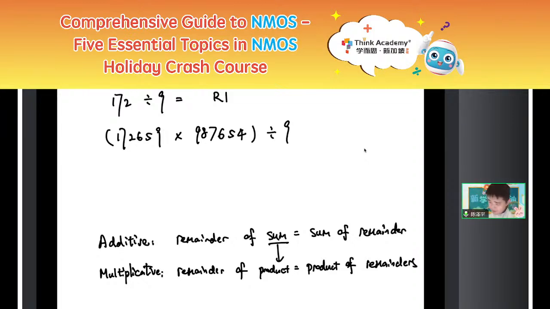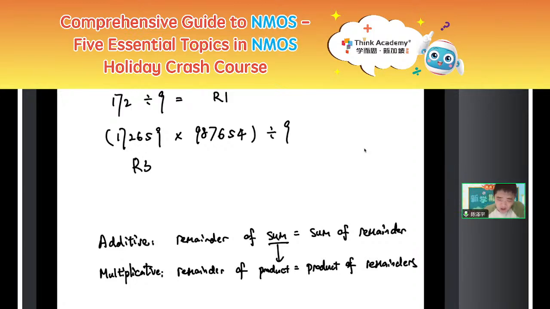A 3. Okay. All right. So people on WeChat say this one has a remainder 3. Yes, it has a remainder 3. How about people on YouTube? Remainder 1? Is it remainder 1? I don't think this one has a remainder 1. 987,654.